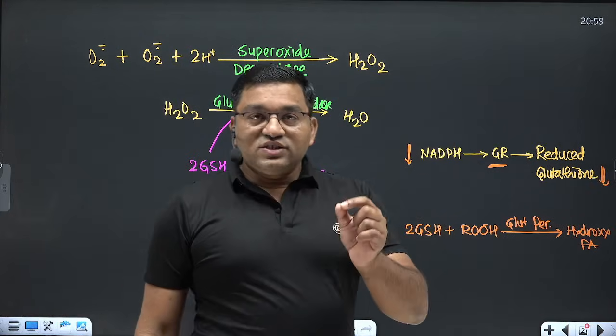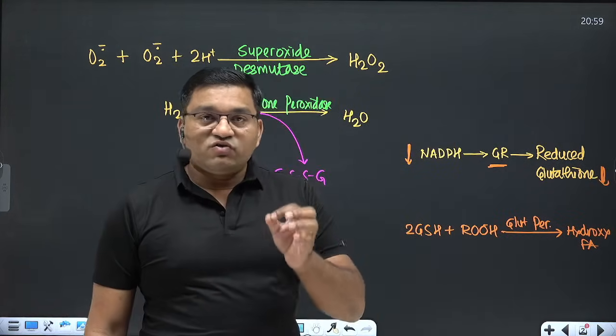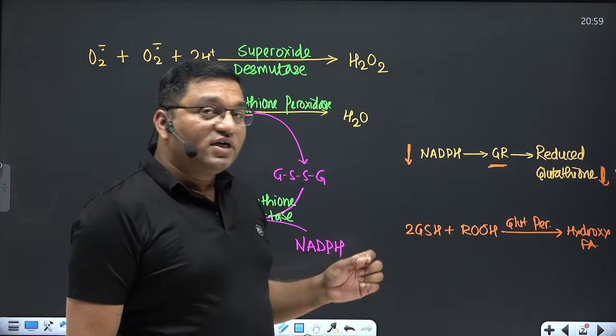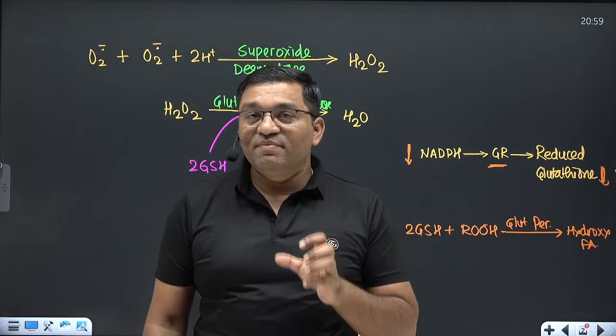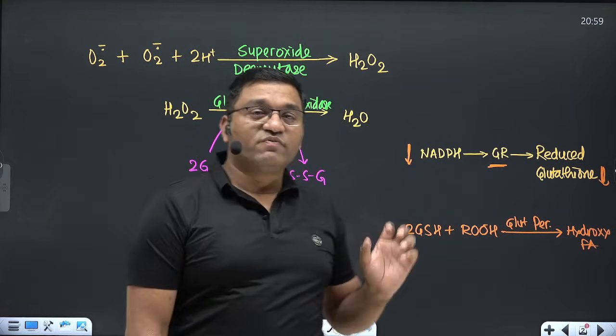Reduced glutathione is very important in the RBCs for maintaining integrity, because it prevents lipid peroxidation and protects the RBC membrane from damage by free radicals.